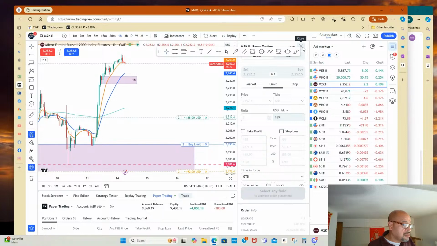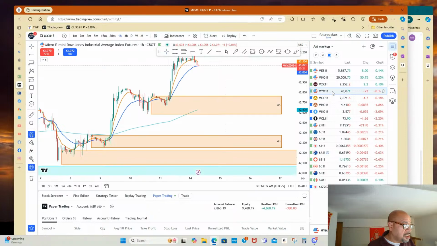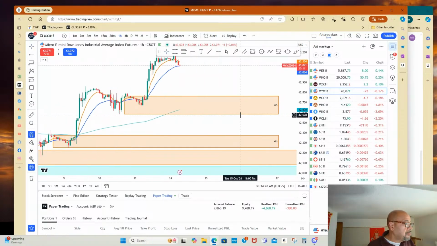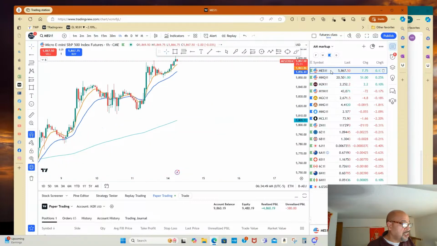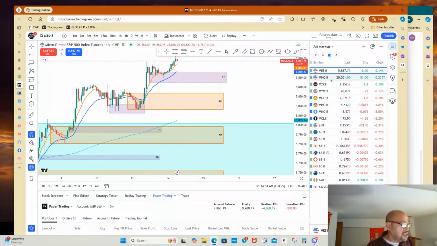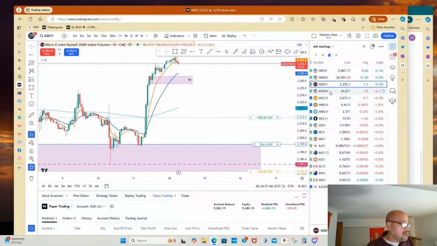So let's find out what we can do about that. And I'm adopting what I am calling, now this is very similar to that other trade. Which one? I don't know. Oh, the Russell. Yeah, it's very similar to that one.